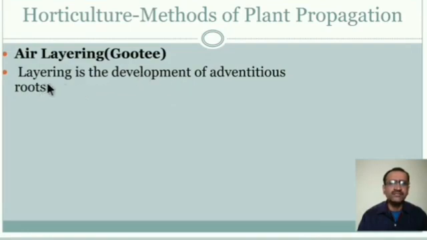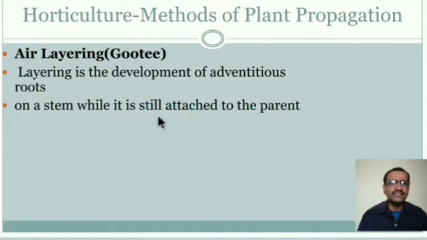In this topic, layering is the development of adventitious roots. As the name says, air layering, roots can be developed in the air, on the branch in the air, so it is also known as air layering. This is done on a stem while it is still attached to the plant, and the plant remains alive.